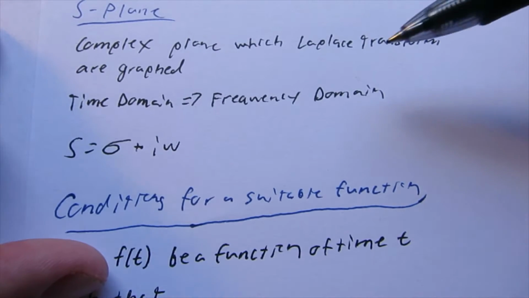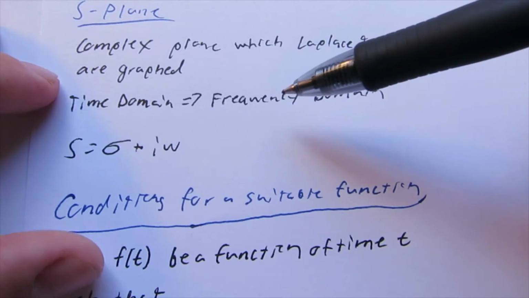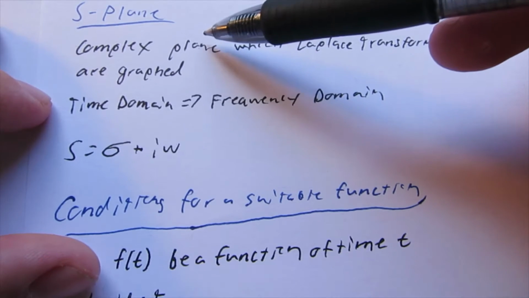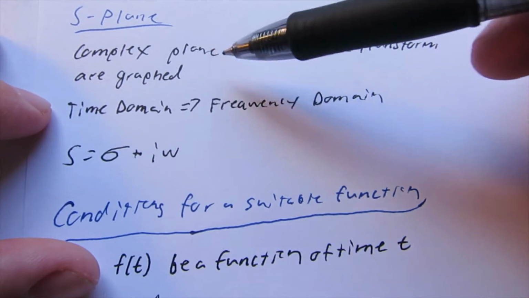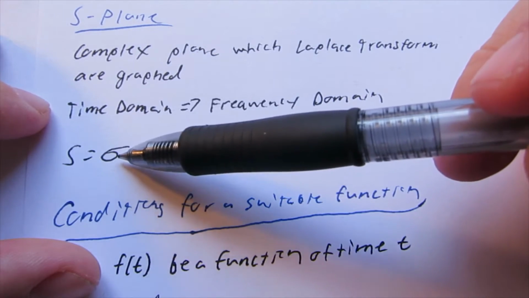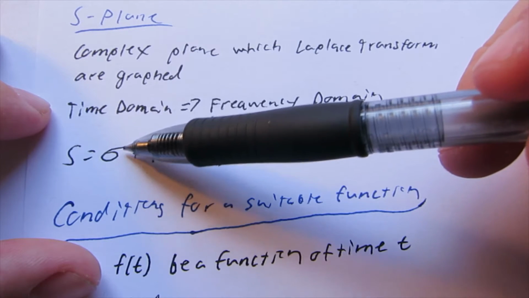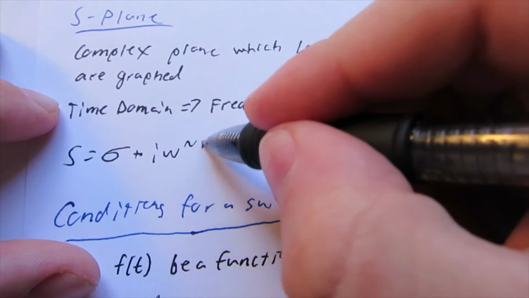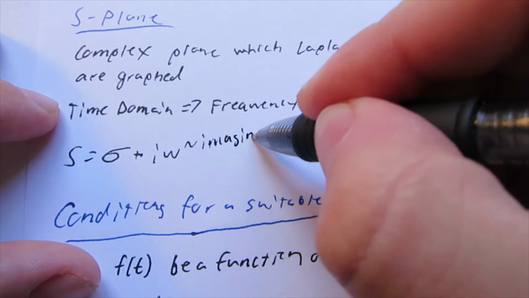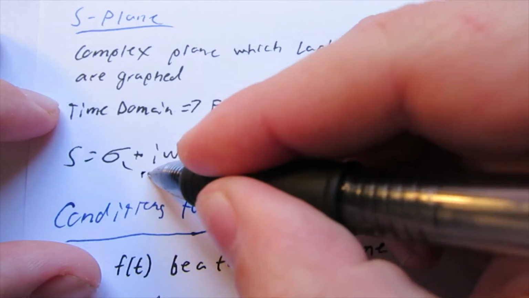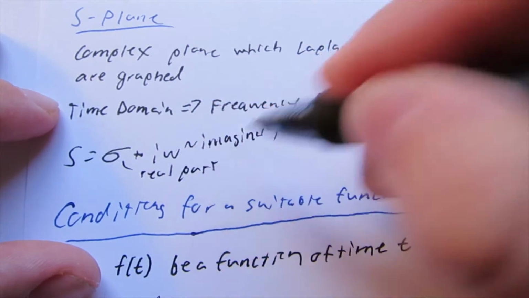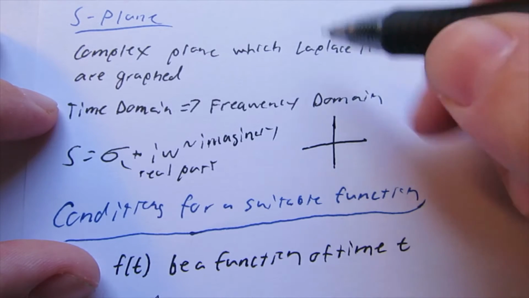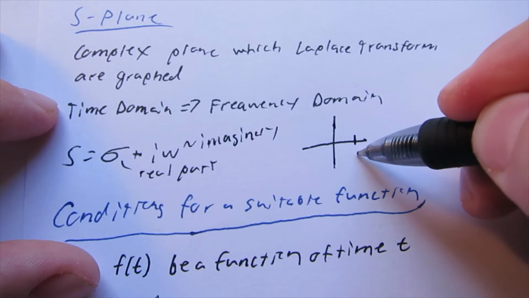So what a Laplace transform is doing is taking it from the time domain to the frequency domain, which is also in the S-plane. And the S-plane is called the complex plane because it is broken up by sigma plus i omega. So this is the imaginary part, and this is the real part. And if this was on a graph, we've got the real part, so let's say this is 1.